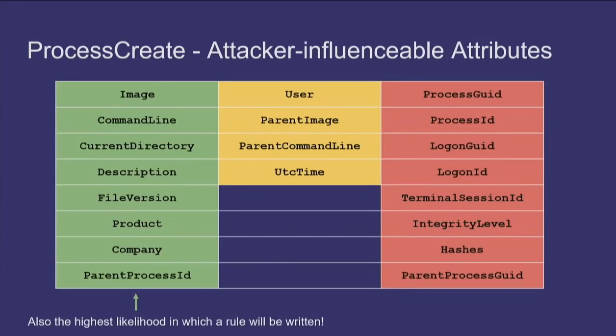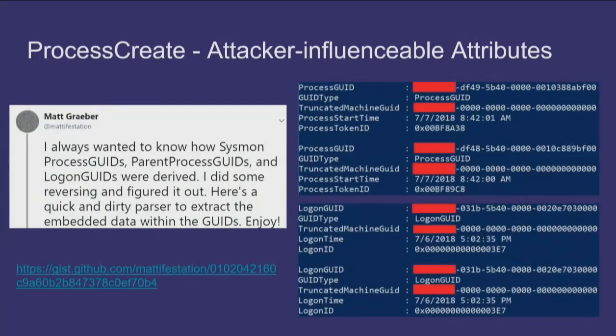Now, I didn't just blindly accept that those in the red would not be directly influenceable. For example, there was a time when I didn't understand how the process GUID was actually built until I reversed the Sysmon service and learned that it is comprised of the machine GUID, which can be retrieved from the registry, so if you wanted to tamper with that, you'd have to be admin, the time of process start, and also the token ID.